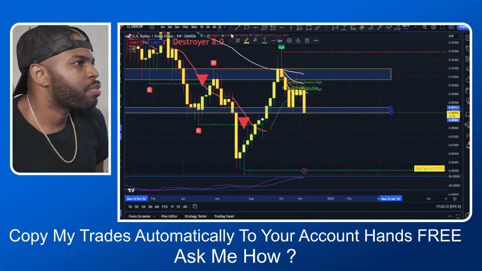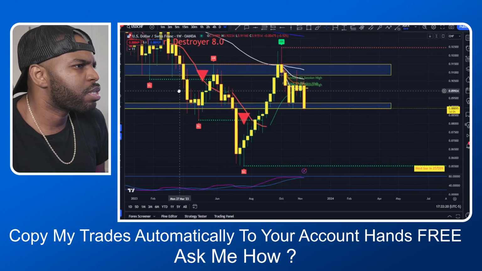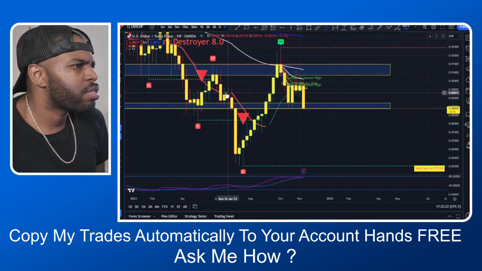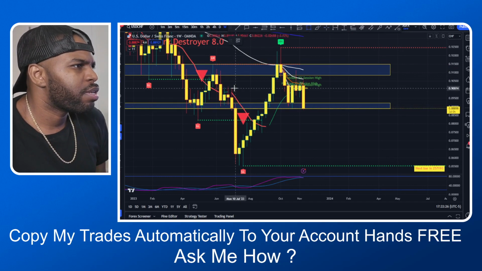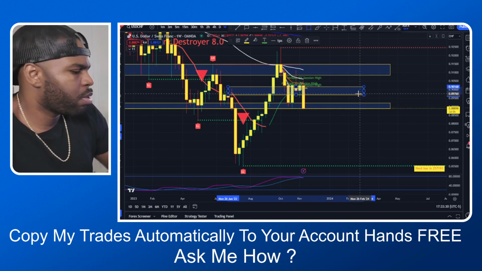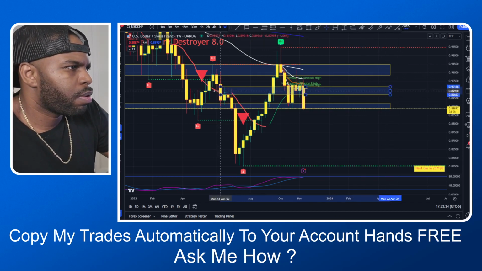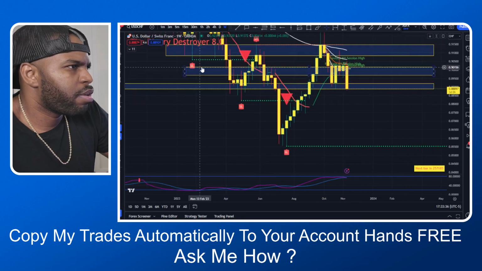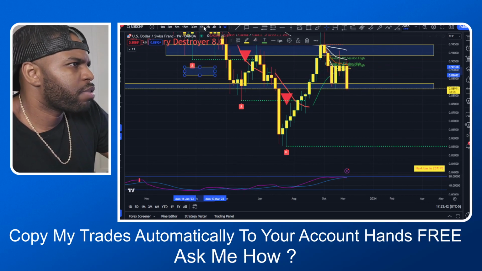Maybe not, but the next level I see potentially is around this area here. We got a lot of rejection in this area, as you can see here. So this will be another area of interest. You got a rejection here, but I'm going to put that back there for now.